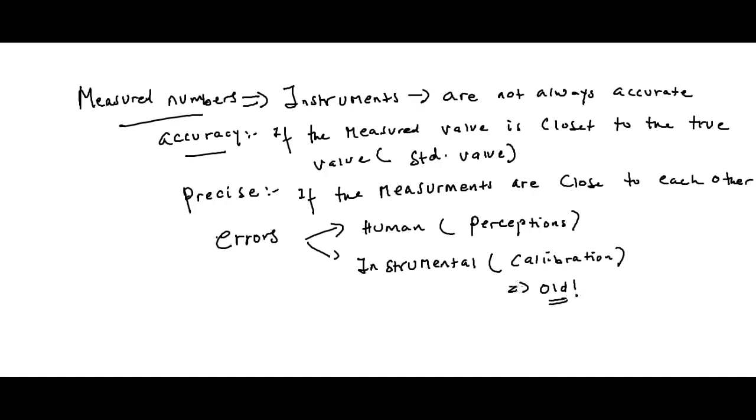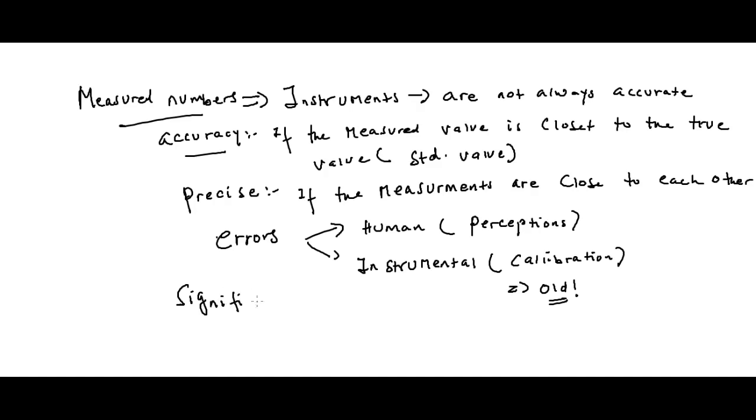These things we take into consideration. So when we do measured numbers, we basically have to measure maybe 3 or 4 times to avoid errors.